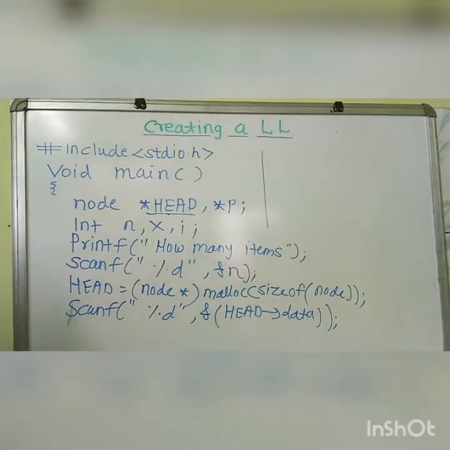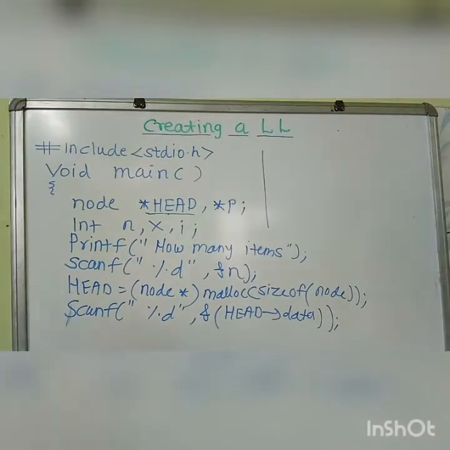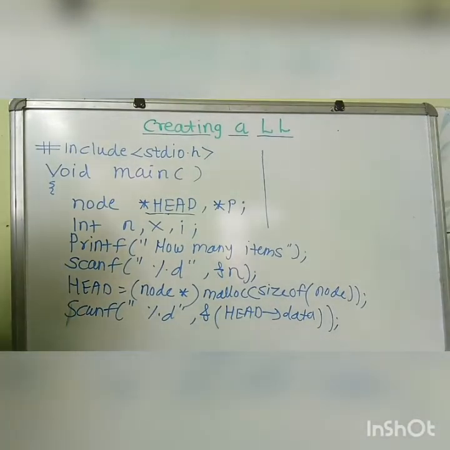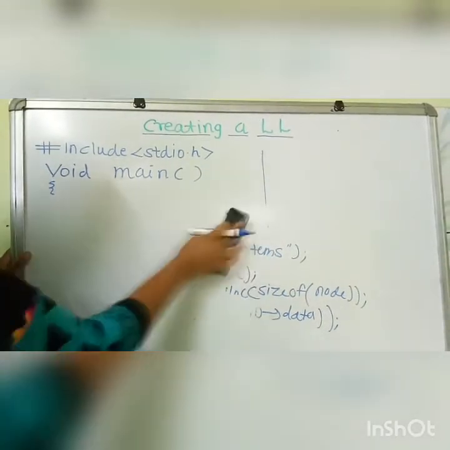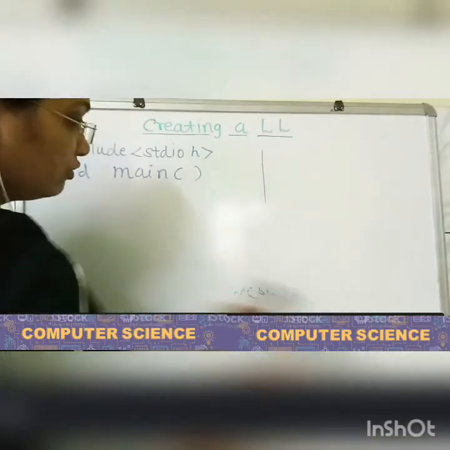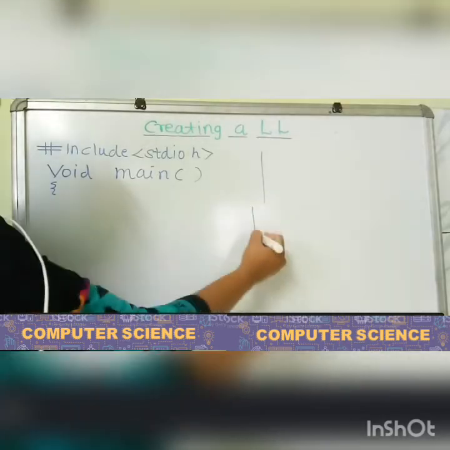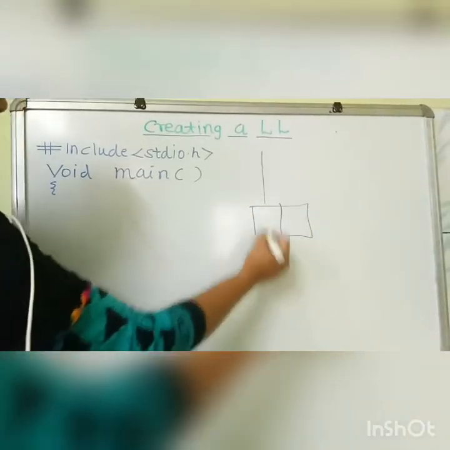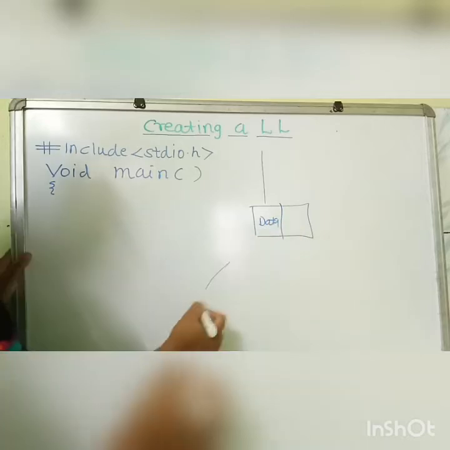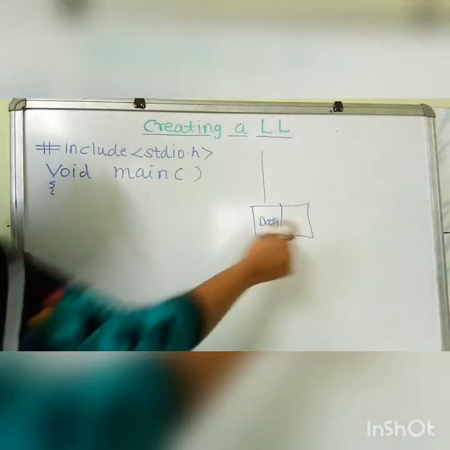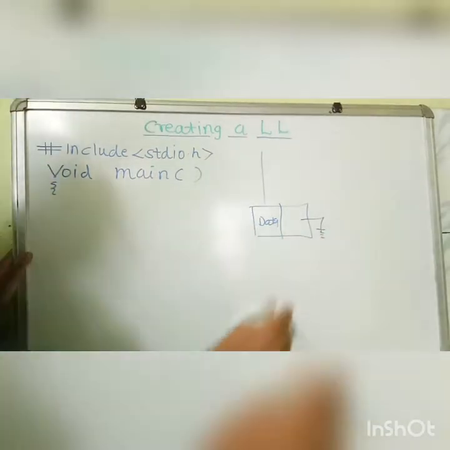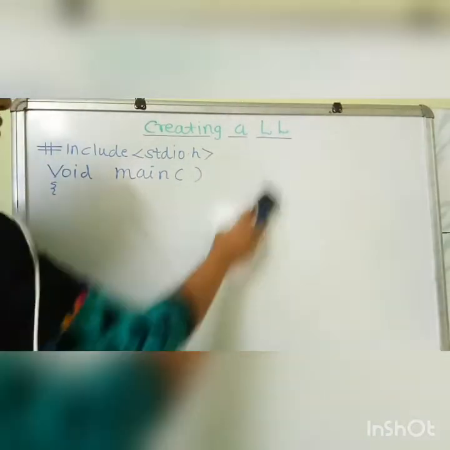Now what is the next procedure? The next procedure is creating the first node. Till now we have accepted data, but as we have no idea about the next node, we will make the next pointer NULL.